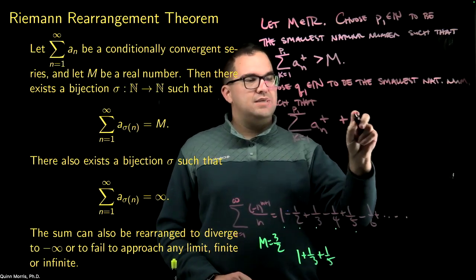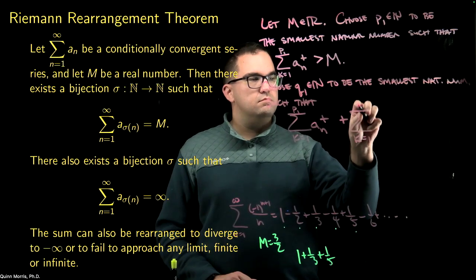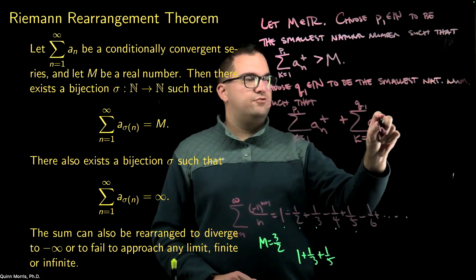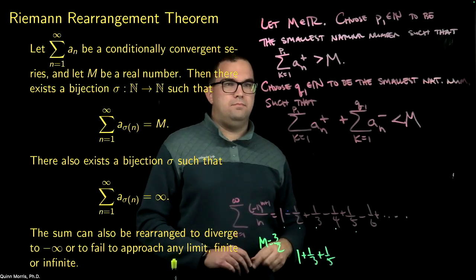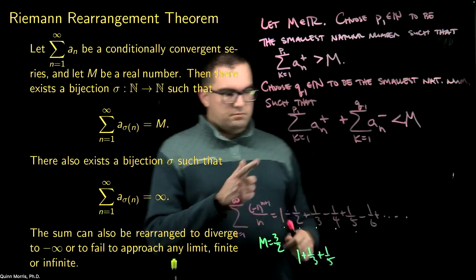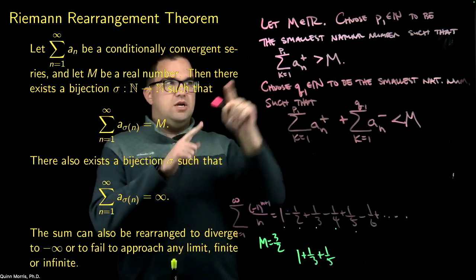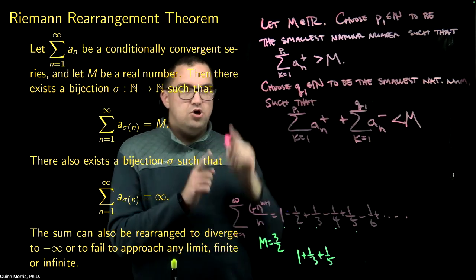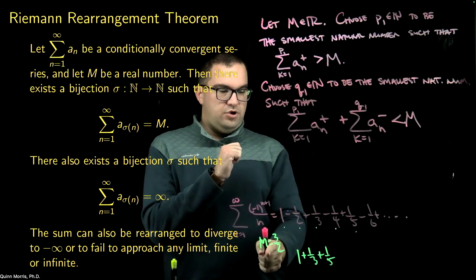And now what I want to do is add in some negative terms. How many of them? Well, I'm going to go up to Q1 of the negative terms until I get just below m. So the idea here is you add up positive terms until, since this is the smallest natural number that satisfies this, you stop as soon as you cross over m.